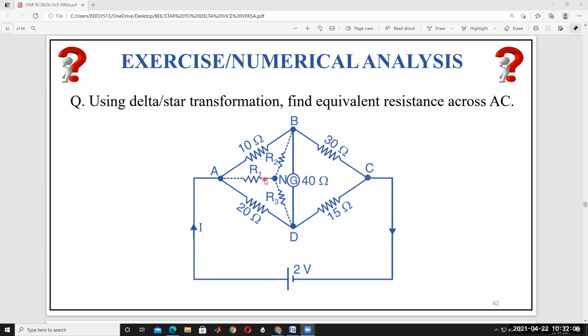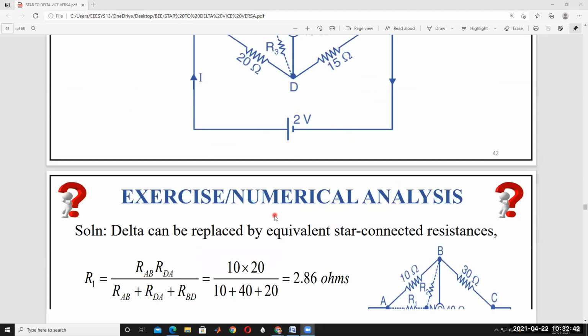While converting the delta to star, R2 ohm resistor and 30 ohm resistor will become series, and R3 ohm resistor and 15 ohm resistor will become series. These two combinations, N and C, will become two resistors, and these two become parallel and this combination in series with R1. Am I right? So while converting the delta to star, like this.